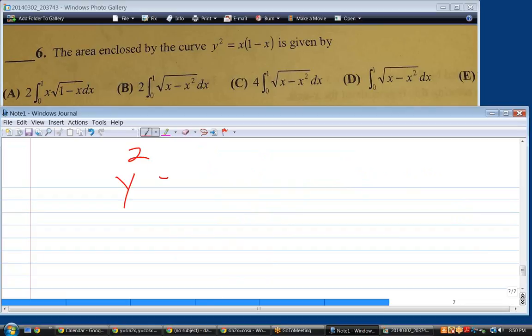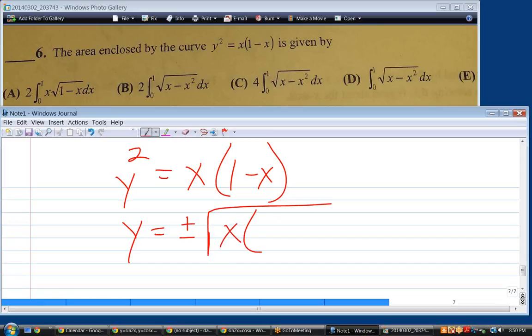y squared equals x times 1 minus x, which means y equals plus and minus the square root of x times 1 minus x. And it looks like the answer is they distributed that, x minus x squared.